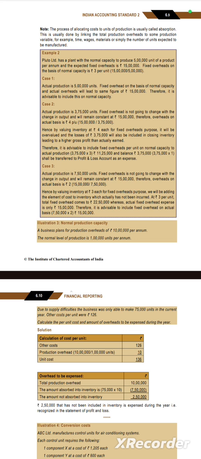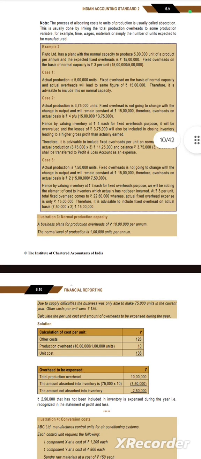In this case, normal production is higher, 5 lakh. So we first multiply 3,75,000 with 3, which gives us 11,25,000, and we reduce this from 15 lakh, which gives us 3,75,000, which will be charged to the P&L as an expense.